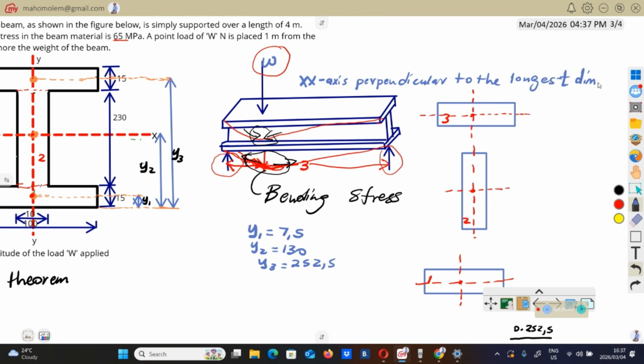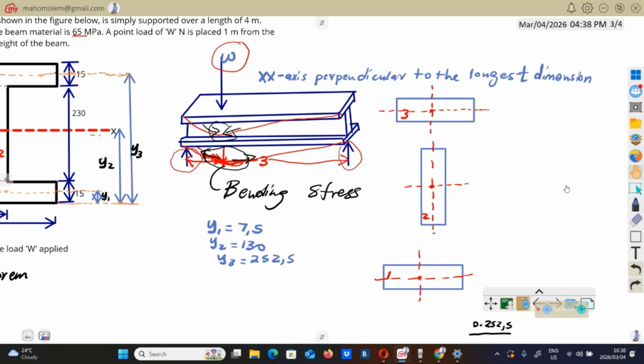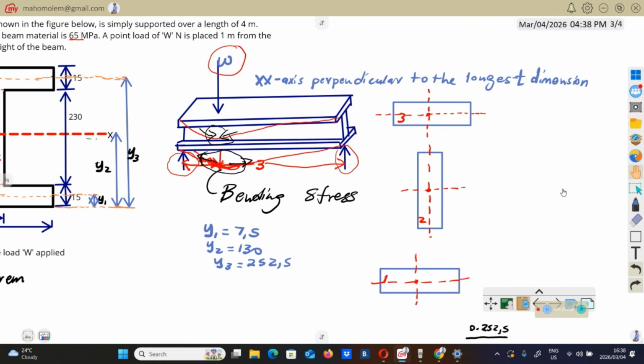Let me just continue. Good. X axis will be the axis perpendicular to the longest dimension.